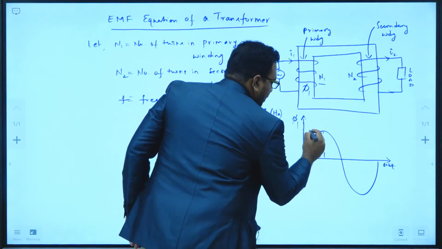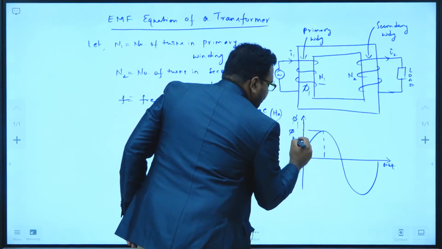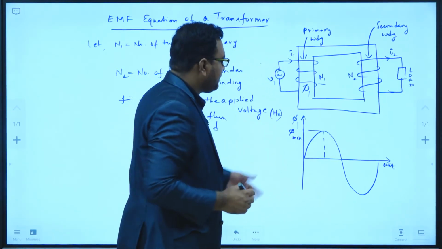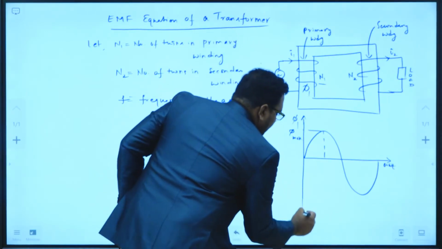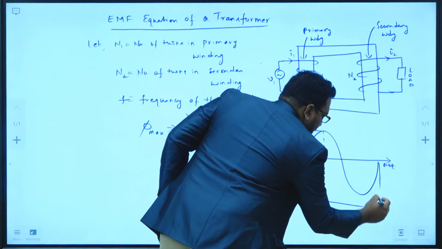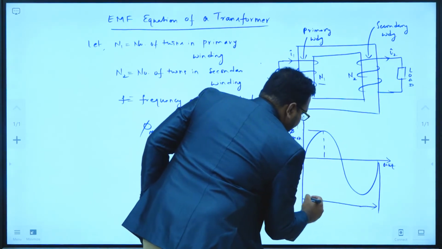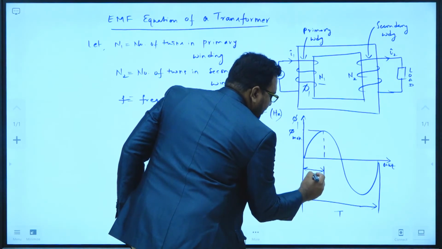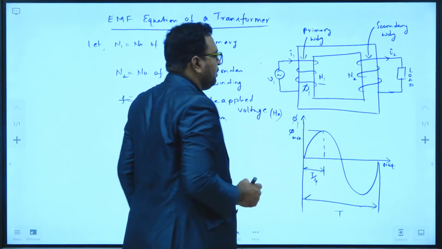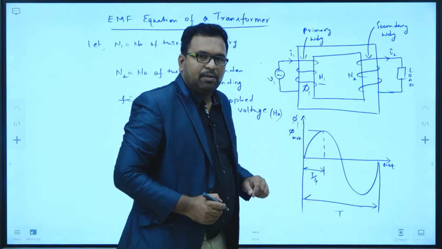So this is the phi max value. How much time does it take for the flux to reach its first maximum value? If you assume the total time period for one cycle as T, then within the first quarter cycle, that means within T by 4 seconds, the flux reaches its maximum value.